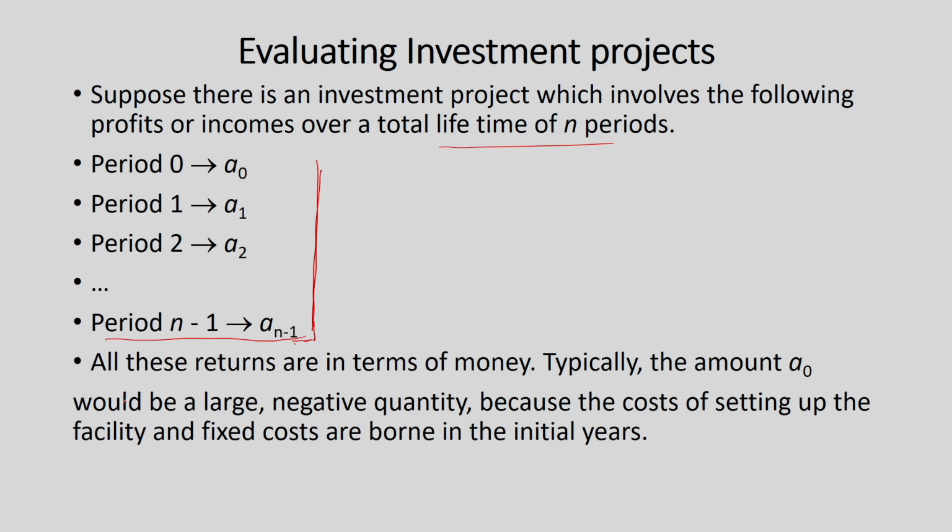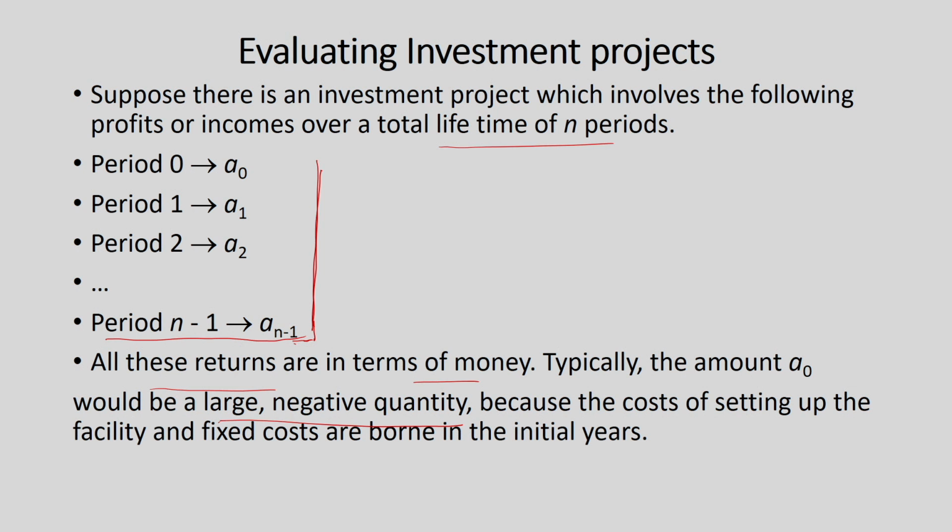Now, all these returns are in terms of money. Typically, the amount A0, which is the payment in period 0, will be a large negative quantity. Why? The reason is that costs are involved. This is the project in its totality, so there will be some payments that you will have to make as an investor.